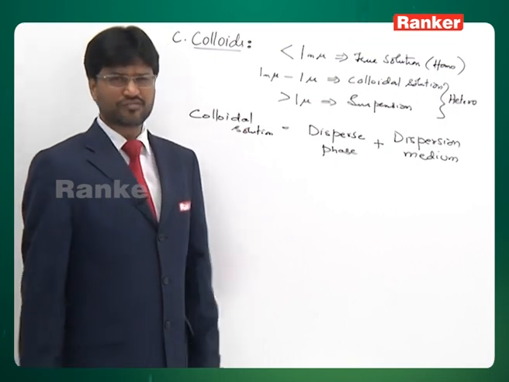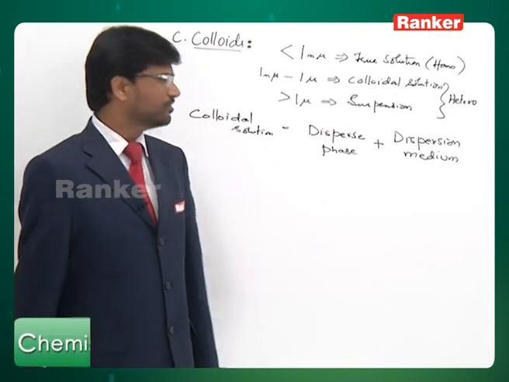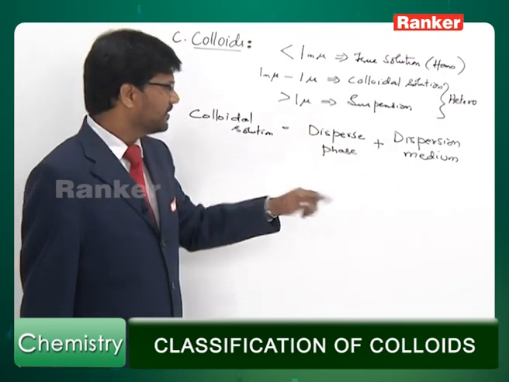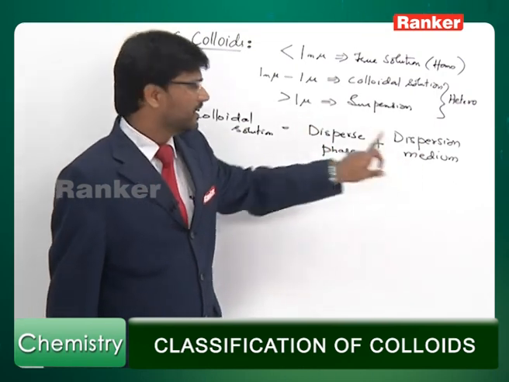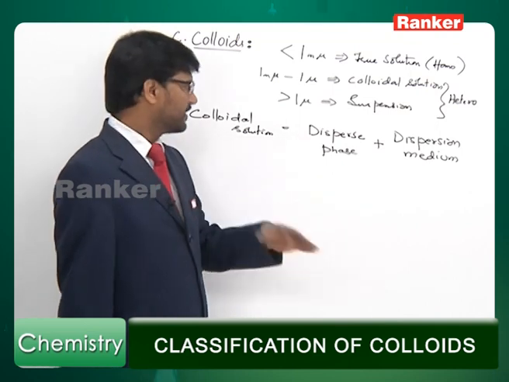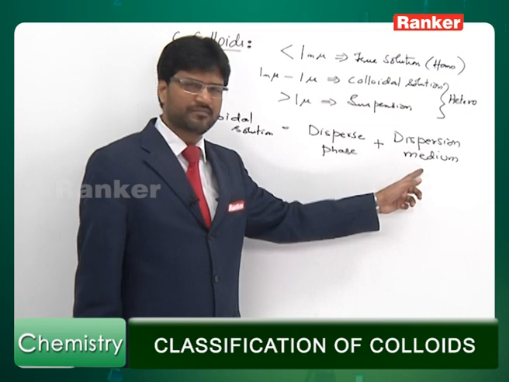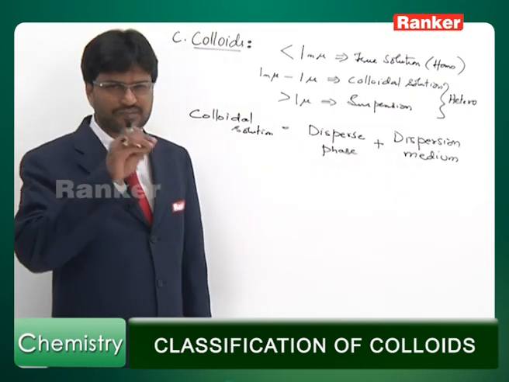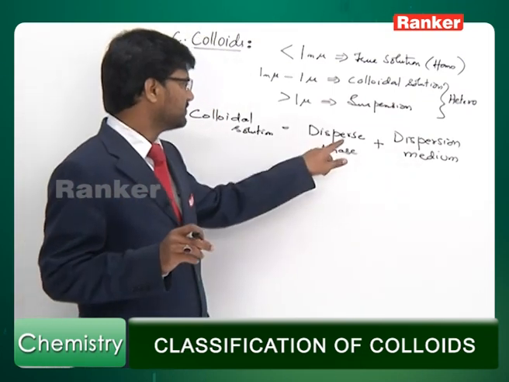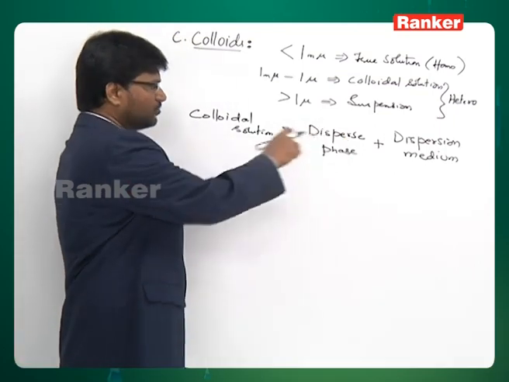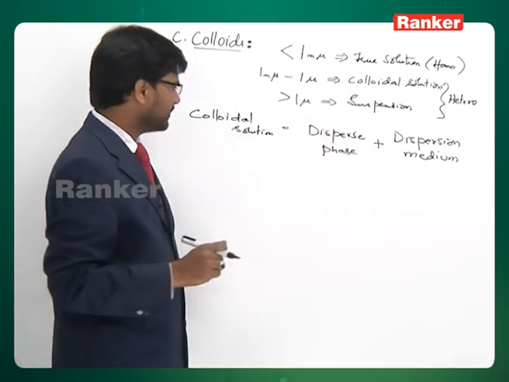As in the case of true solutions, you call them solvent and solute, here you call them dispersion medium and disperse phase. This corresponds to solvent and this corresponds to solute. Or I can put it in this way: the continuous medium is the dispersion medium, and the particles which are present discontinuously constitute the disperse phase. So, these are the two components present in a colloidal solution.